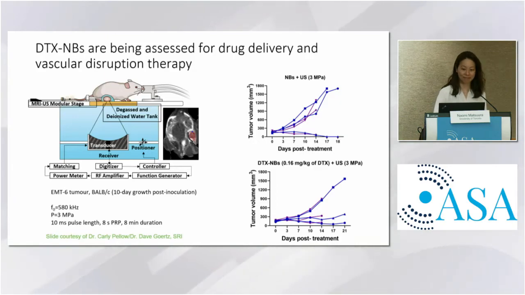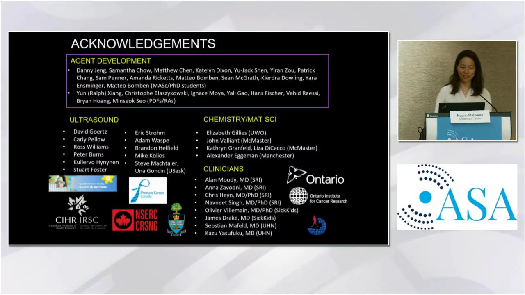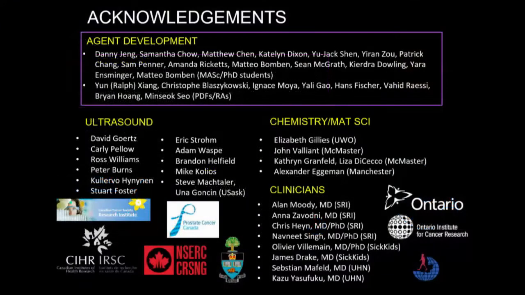So thank you. So this is just my acknowledgements. These are people who helped me on the expanded project, of which I'm only showing you a small section right now.